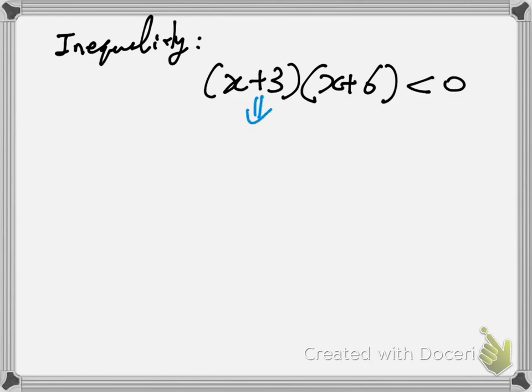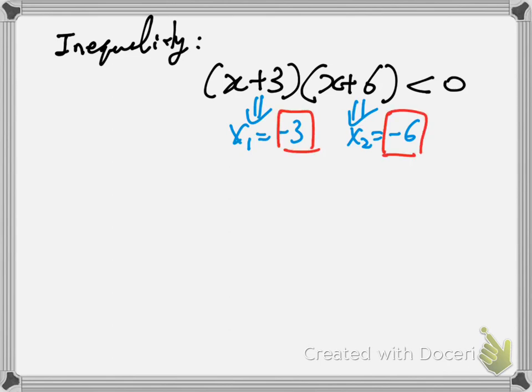This one gives us the first cutting point, -3. This one gives us the second cutting point, -6. Online you don't have to use subindex. Just put numbers if they ask you what's the zeros of the left-hand side: -3, -6.